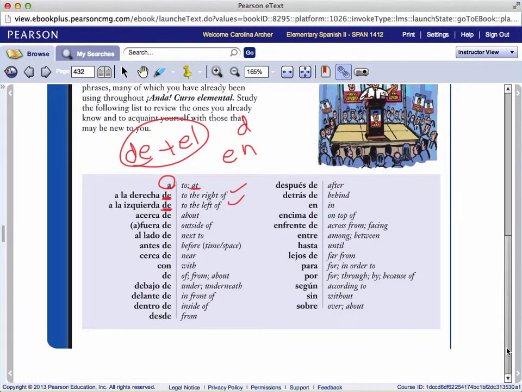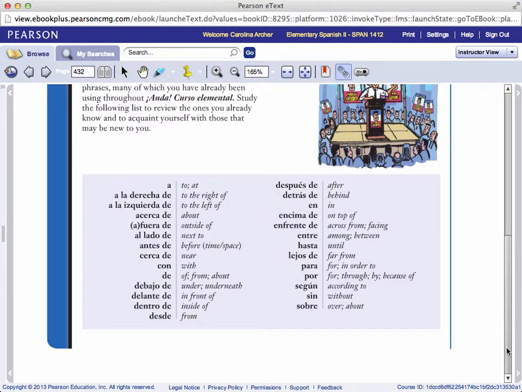Okay, so if you say it is to the left of, I don't know, the dresser, for example, we're going to need to combine de plus el to form del. A la izquierda de, let's see, el armario.